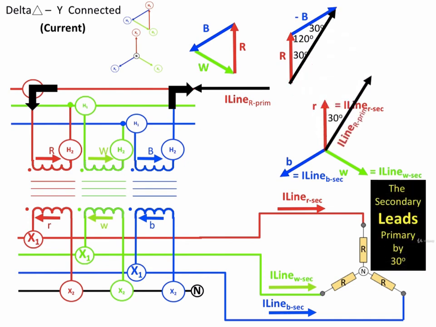Comparing it to the line currents of the secondary, it can be seen that the secondary will lead the primary by 30 degrees. That is, the secondary line currents will be leading the primary line currents by 30 degrees.